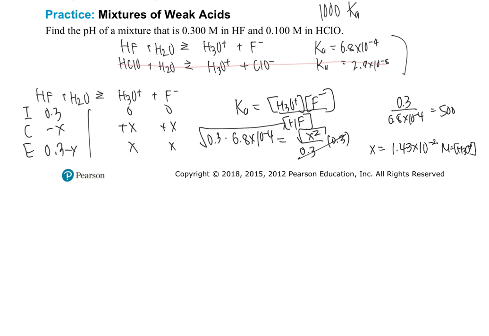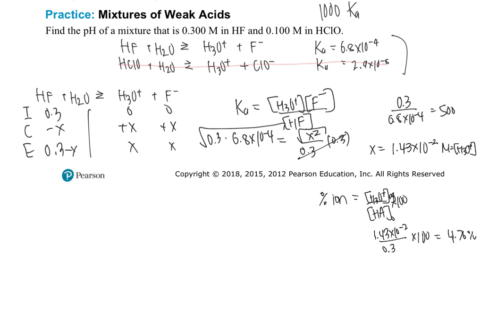So let's just try percent ionization. It'll be, again, hydronium over the initial acid times 100. So 1.43 times 10 to the negative 2 over 0.3. And that gives us 4.76. So pretty close.